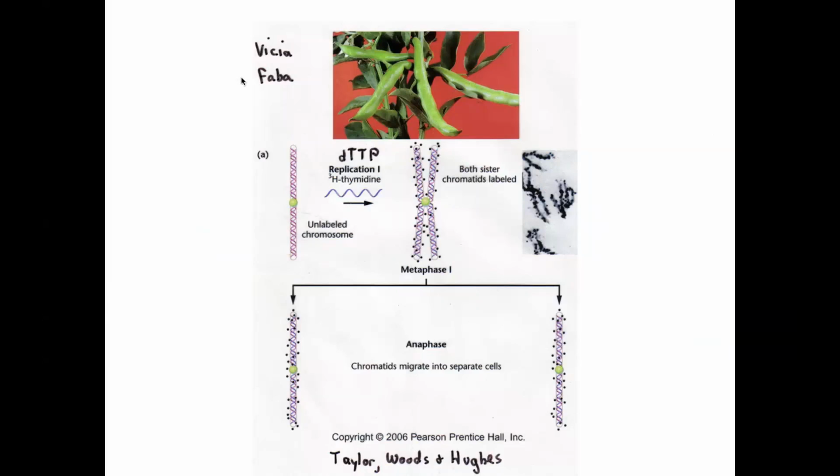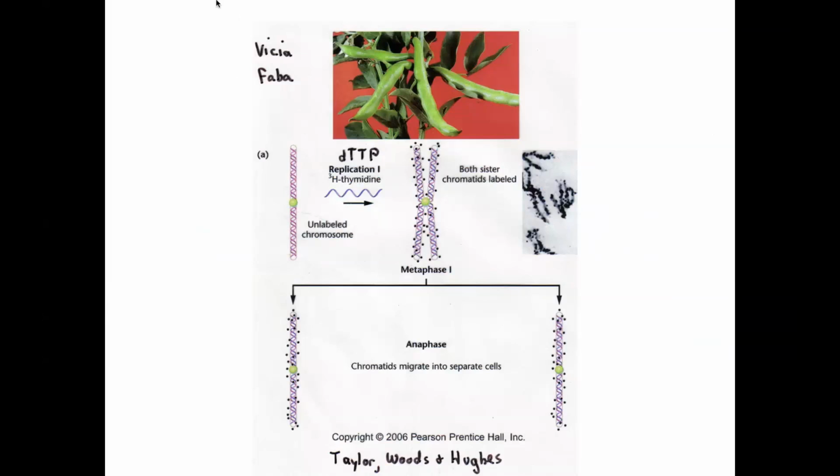Okay. So what did they do? Again, they had the same issue: in order to distinguish between those three models for DNA replication, they had to differentially label old DNA, or parental DNA, to distinguish it from newly synthesized DNA. So they used a radioactive label, tritium, tritiated thymidine more specifically.